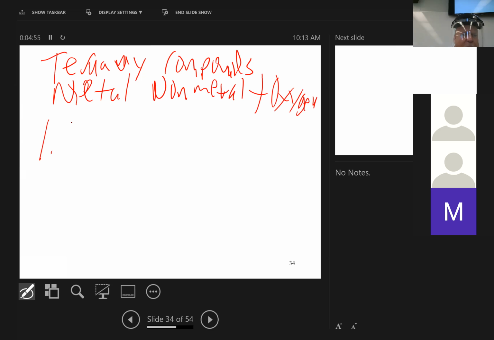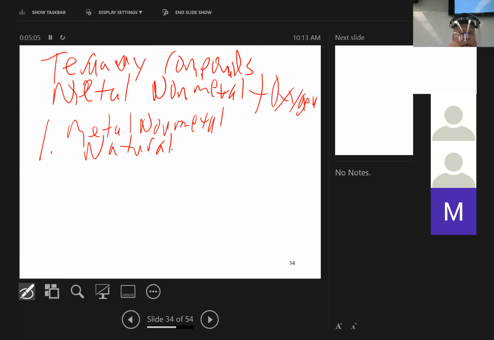The first one is a metal, non-metal, and it's the natural version. In other words, it's what they dig out of the ground. A lot of oxides can be dug right out of the ground in pure form. It's quite amazing. Calcium sulfate is called gypsum.